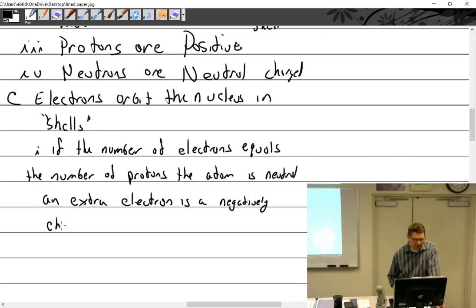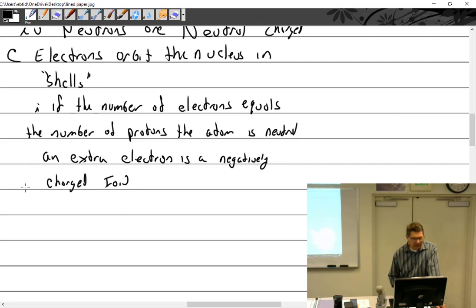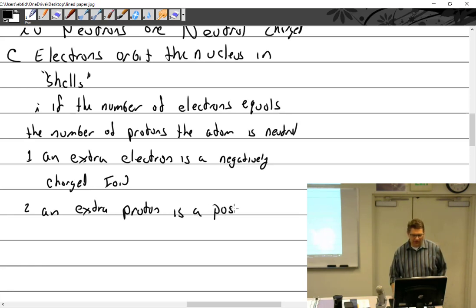And if it had an extra proton, what do you suppose it's going to be? A positively charged ion.